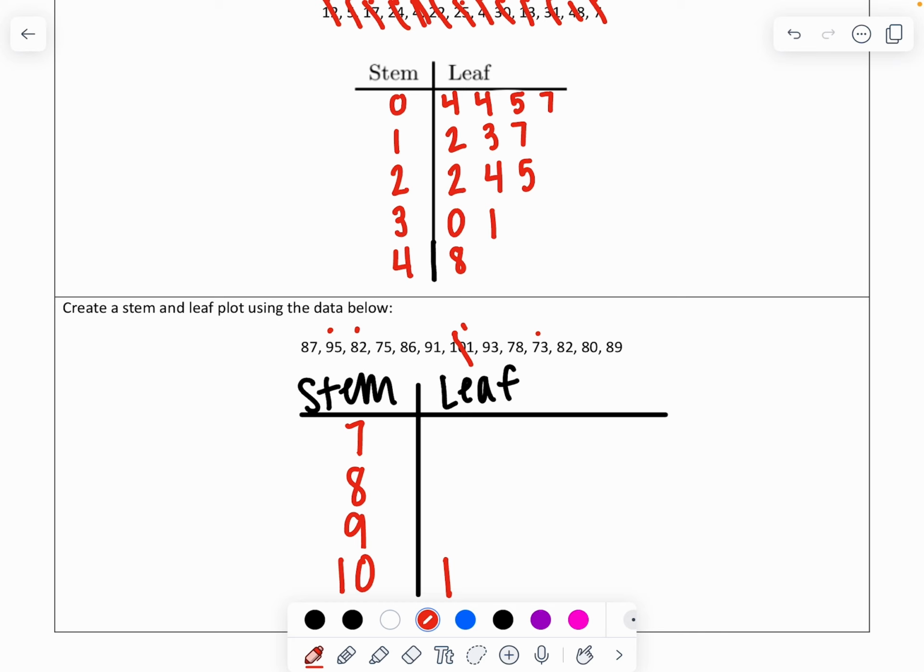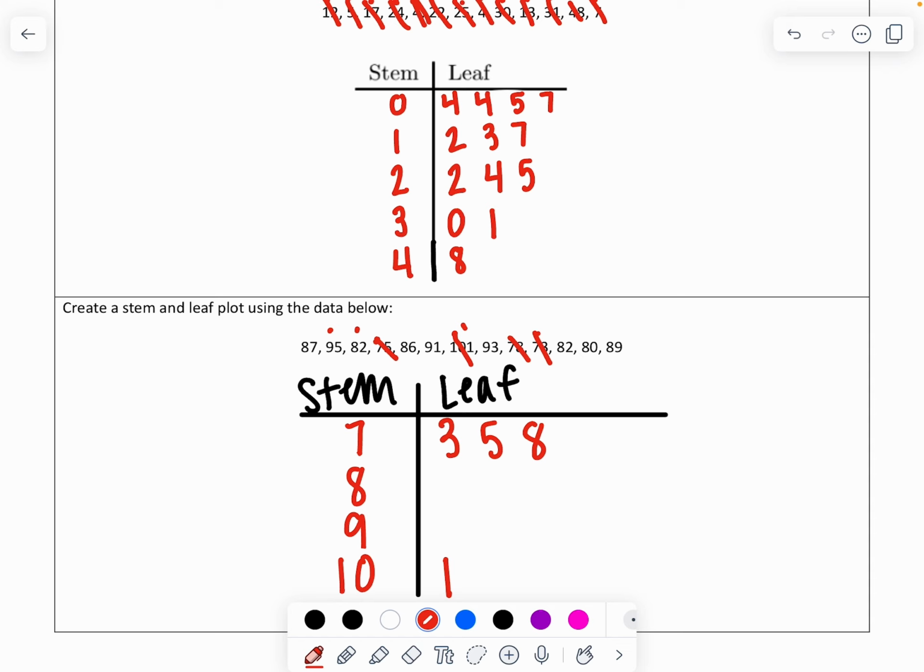Okay. So then with my 7s, I have a 75, a 78, and a 73. So I'm going to have 3, 5, and 8, standing for 73, 75, and 78.